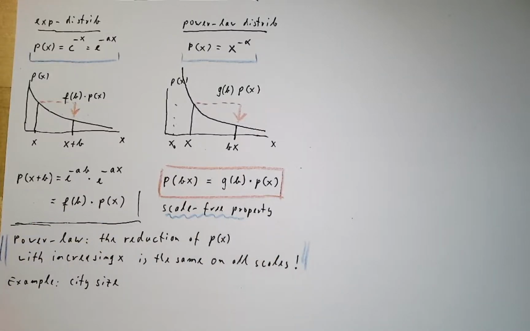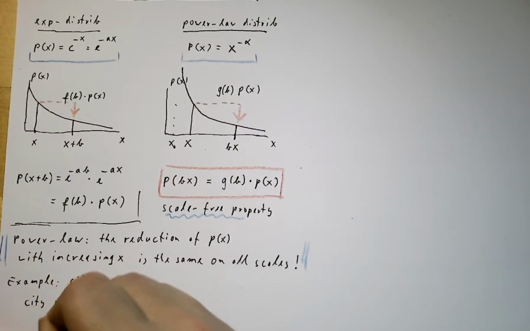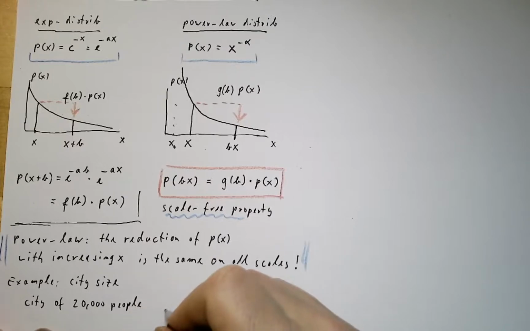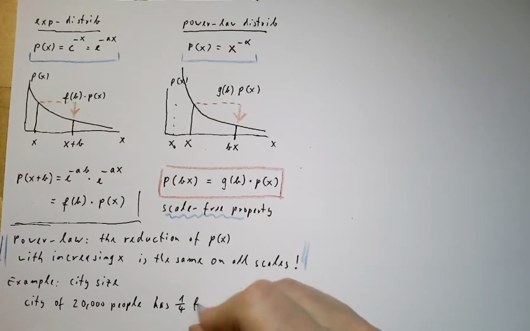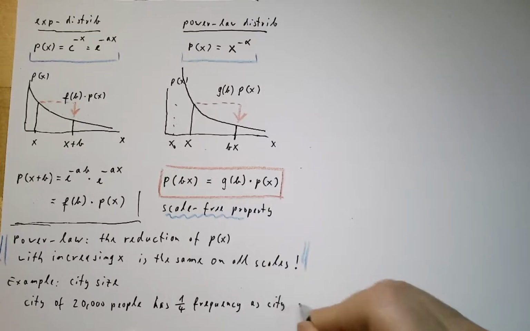So let's say, if we have our data, and the data is city sizes, a city of 10,000 people has a frequency of four times the frequency of a city of 20,000 people.